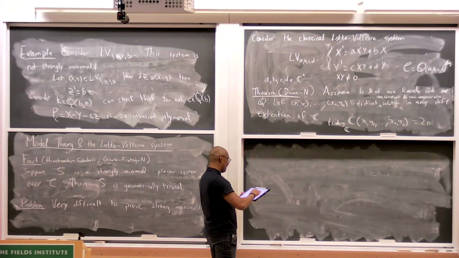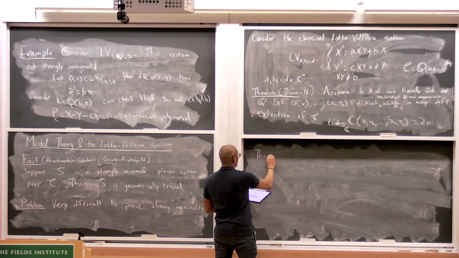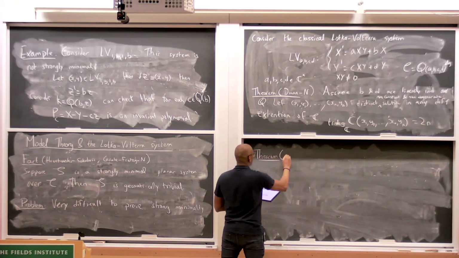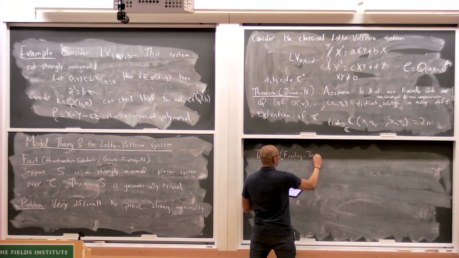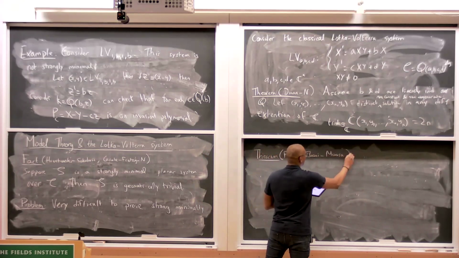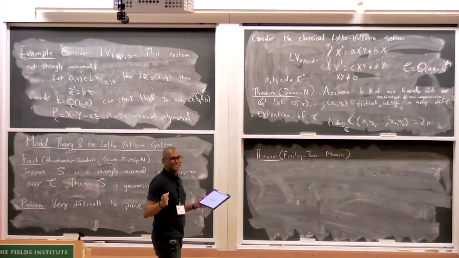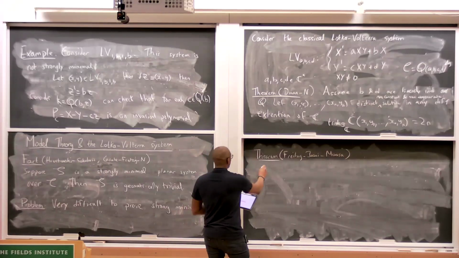So here's what's shown. This is a theorem, as I say, of Freitag, Jaoui, and Moosa. And again, in a much more general setting, so I'm going to simply state the case of planar systems.